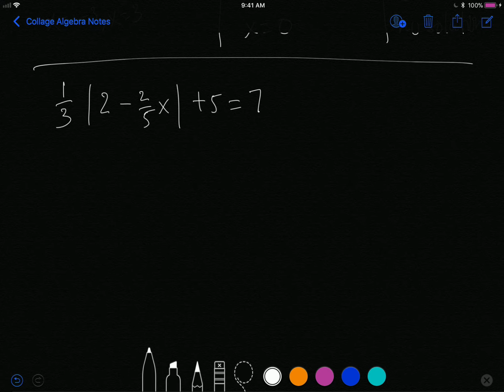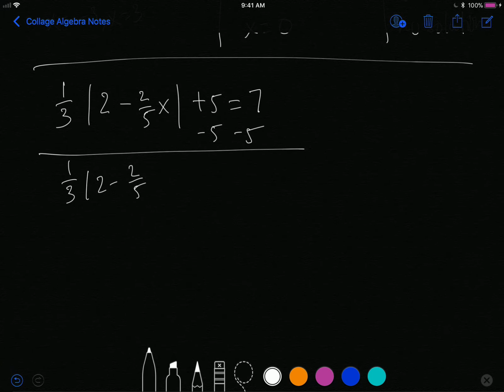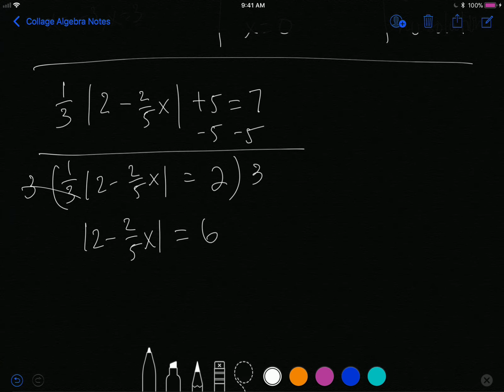Now, no biggie, you subtract 5, and so you have 1/3 absolute value of 2 minus 2/5 x is equal to 2. Then you multiply by 3 to cancel the 1/3. And so these will cancel. Absolute value of 2 minus 2 over 5x is equal to 6.